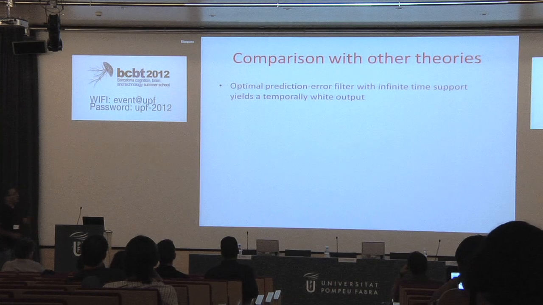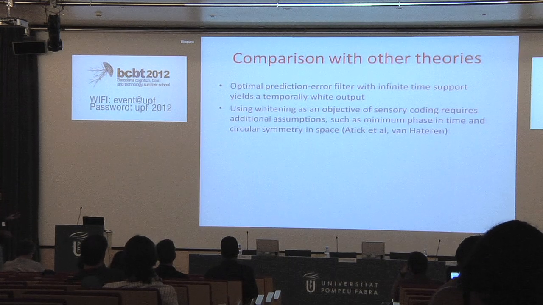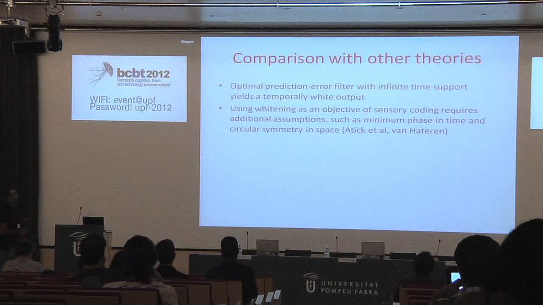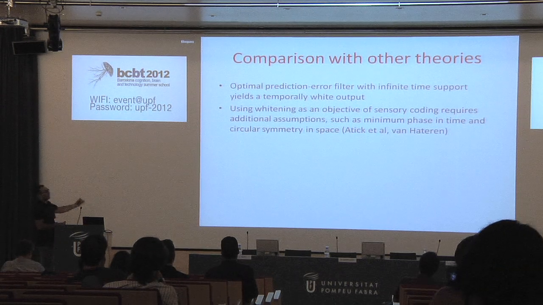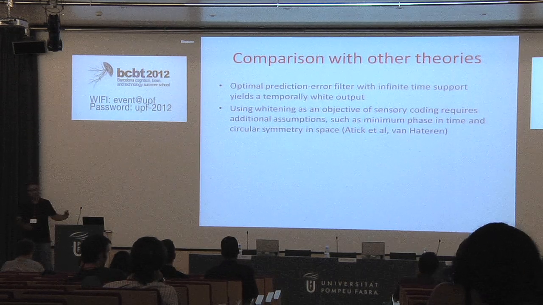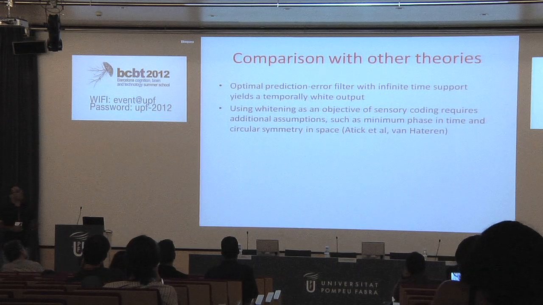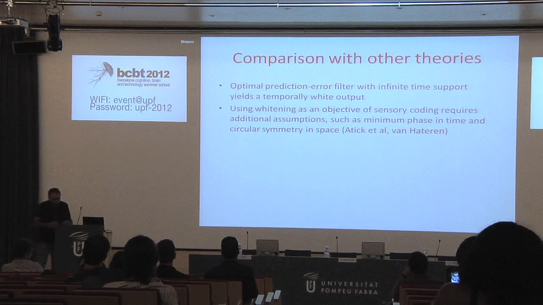Okay? The reason I brought it up is because other works, such as that of Atick and Van Hateren, used an information theoretical approach to understand this, which actually treats the communication noise more explicitly.